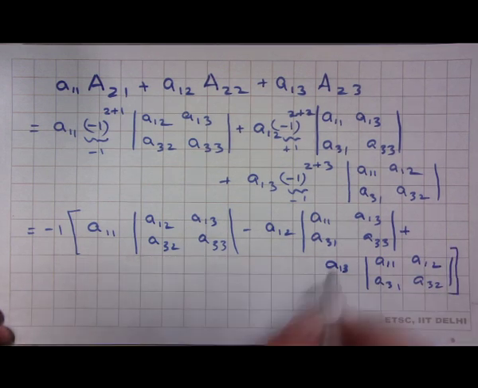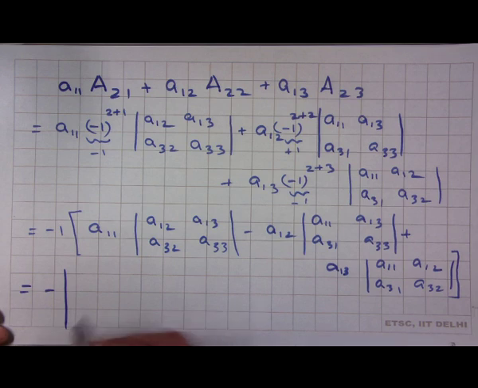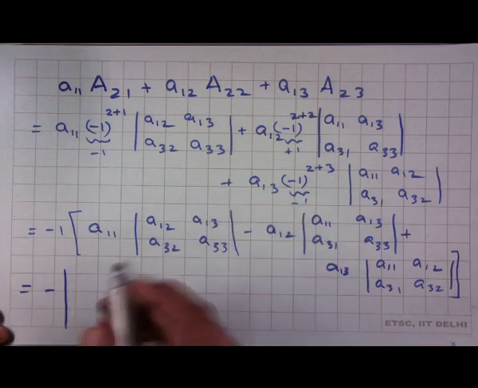So, if you now just inspect this, this is nothing but the determinant of a matrix. So, we are sort of going in reverse of the definition of a determinant.